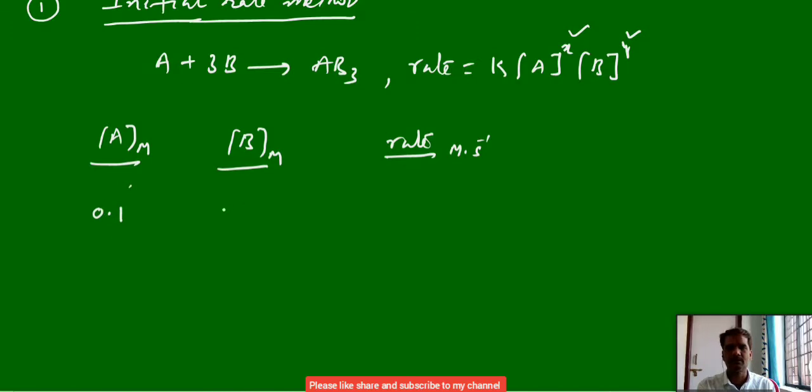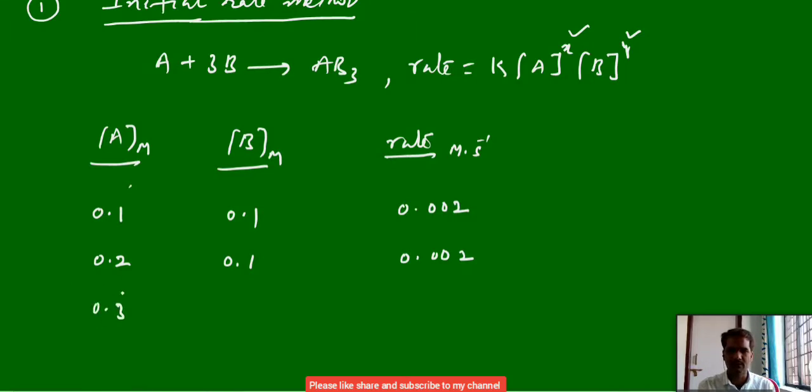In the first analysis, when you take 0.1 molar A and 0.1 molar B, the rate is found to be 0.002 molar per second. In the second analysis, when you change the concentration of A from 0.1 to 0.2 and the concentration of B is 0.1, the rate is again observed to be 0.002, so no change in the rate of reaction.